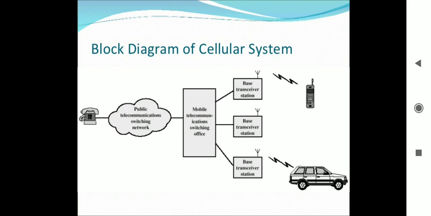Now what is MSC? In the center block there is the MSC. MSC means mobile switching center. Each base station is controlled by a switching office called the mobile switching center.